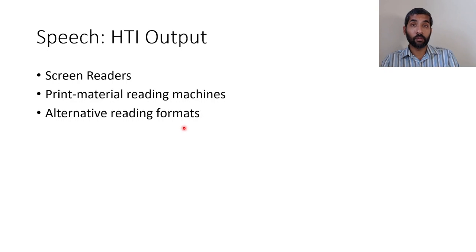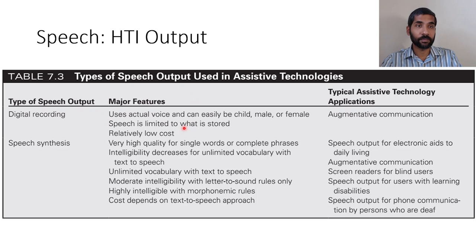Especially if there is a person who's visually impaired, screen readers or print material reading machines, or having print material available in alternate reading formats, all those can be the outputs of the human technology interface. Speech itself can be digital recording, or it can be synthesized speech, and both have their own advantages and disadvantages.